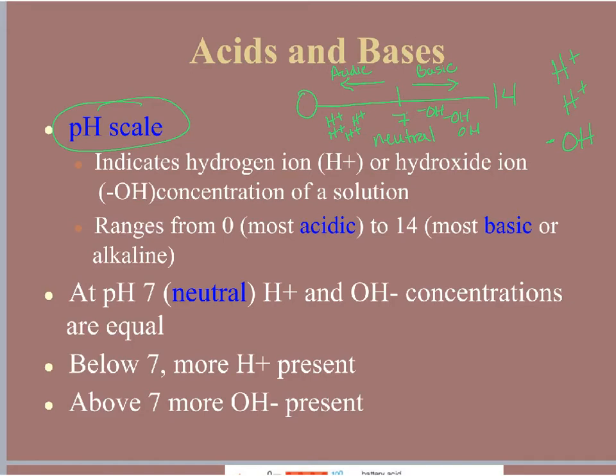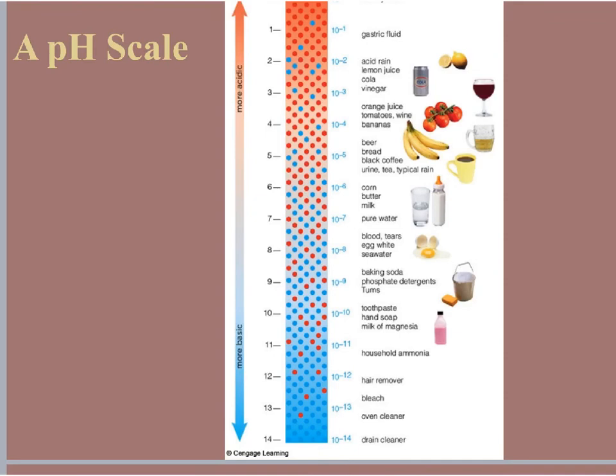At a pH of 7, the amount of hydrogen ions and hydroxide ions is equal. Anything below, a pH of a substance below 7 means that there are more hydrogen ions present. A pH of over 7 means that there are more hydroxide ions present.